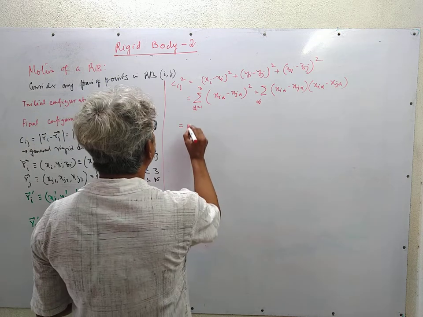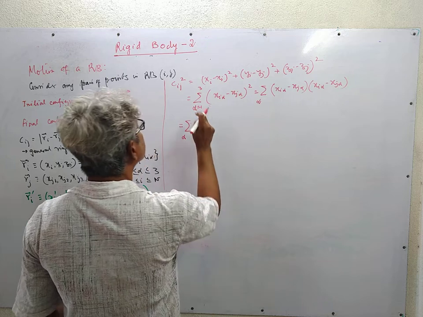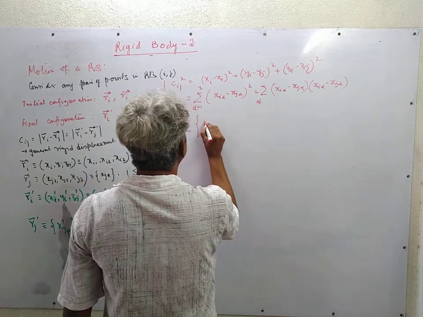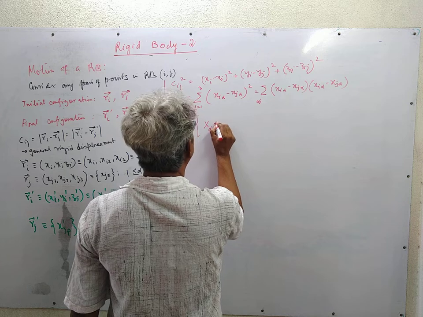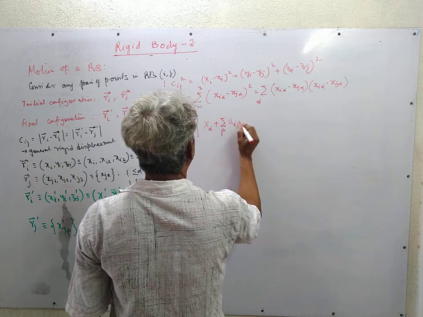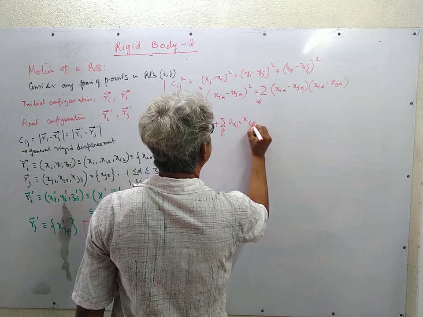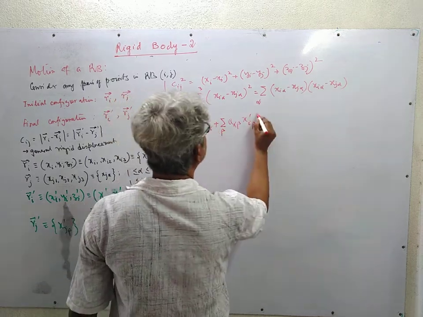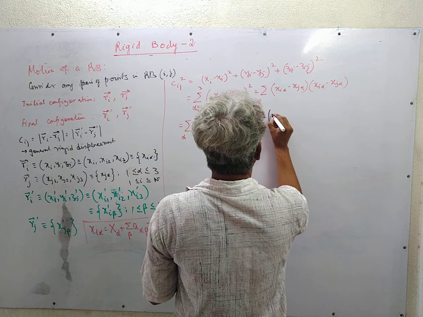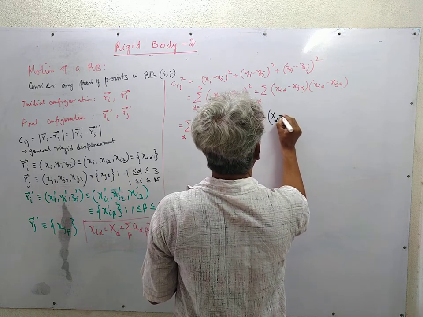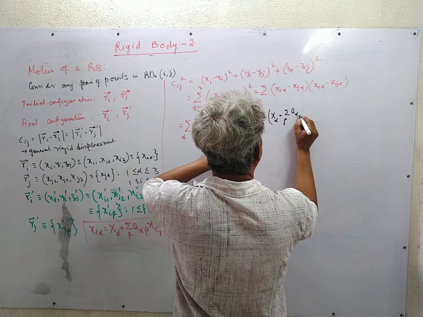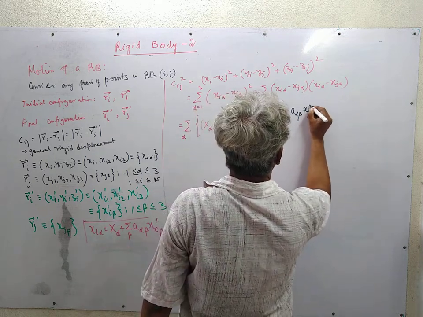So if we write this, it is the alpha sum, and from this we have the summation over beta A alpha beta xi beta prime, which is coming from this part, minus X alpha plus the summation over beta A alpha beta xj prime beta.